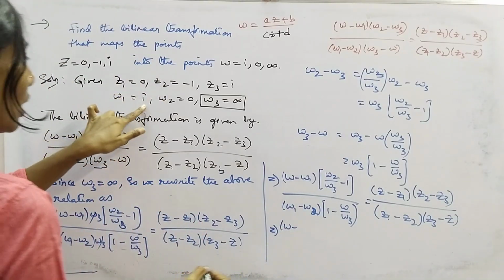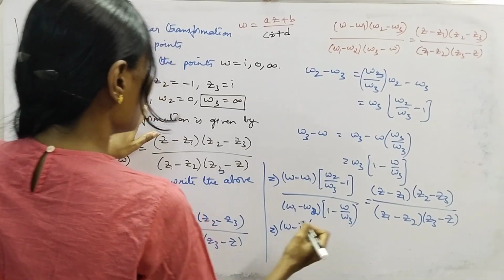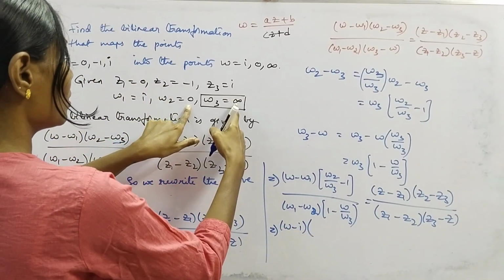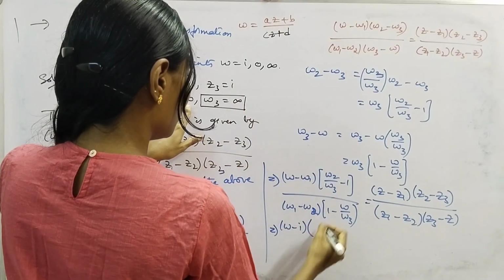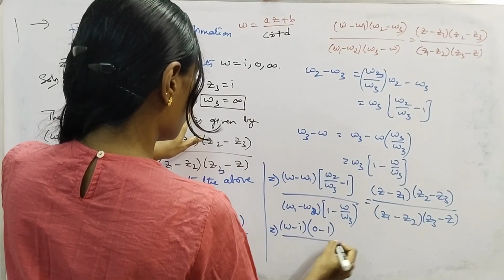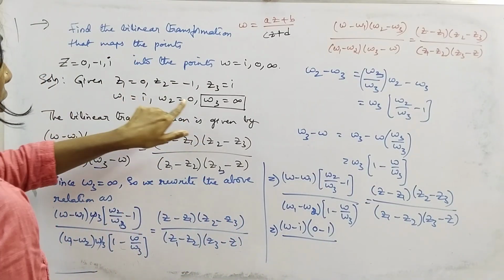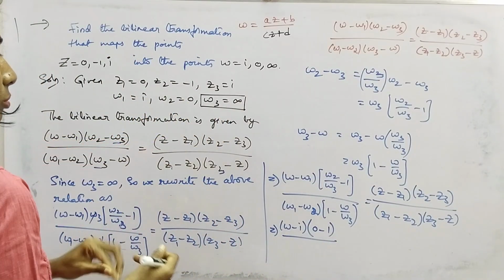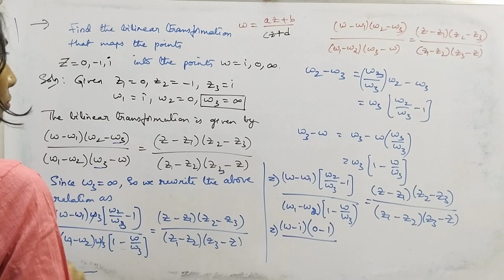(omega minus omega 1) into omega 2 by omega 3, 0 by infinity. You'll get 0 minus 1 by some number by infinity, okay, which is 0.